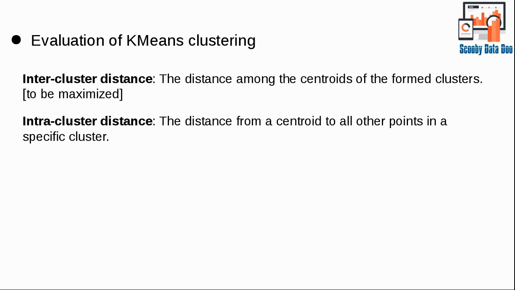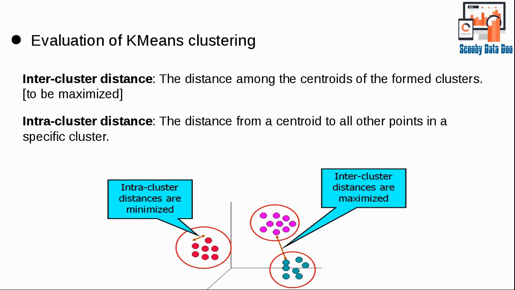It happens within the cluster, and we do it for all the clusters generated by our clustering algorithm, and then finally we sum the values up and come up with one single value, and definitely that is expected to be minimized. When the value is minimized, that means the data points are closer to their centroid. So this is a small and simple visualization of intracluster and intercluster distance.